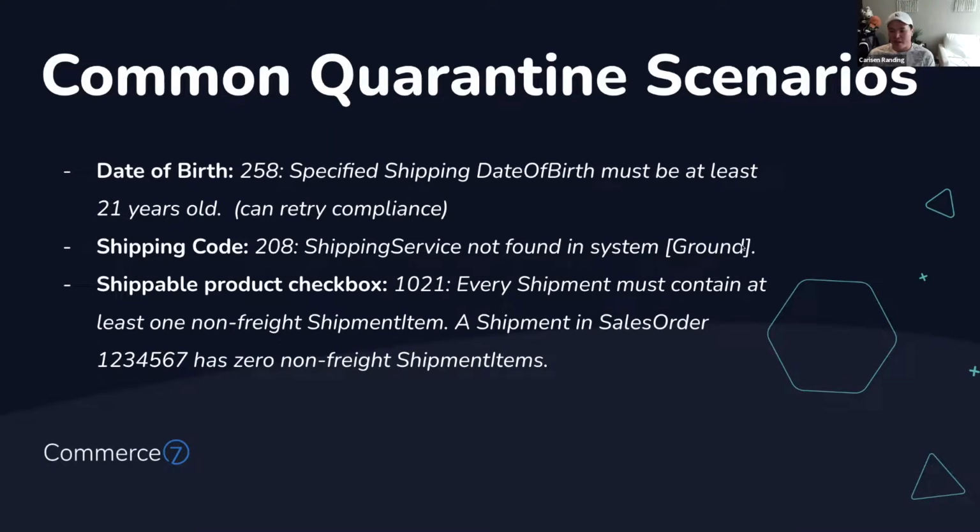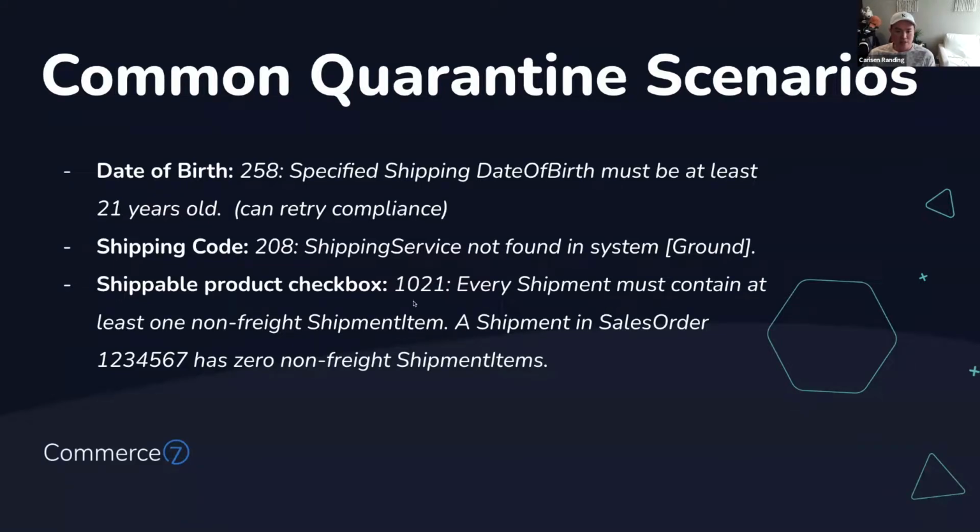And if you retry it, it will repush not the new service that you updated to, the correct one, but it's just going to send over the ground. So it's going to fail again. So in this case, you need to refund the original transaction and then reprocess a new order now that the shipping type code has been corrected, and it will pass compliance.